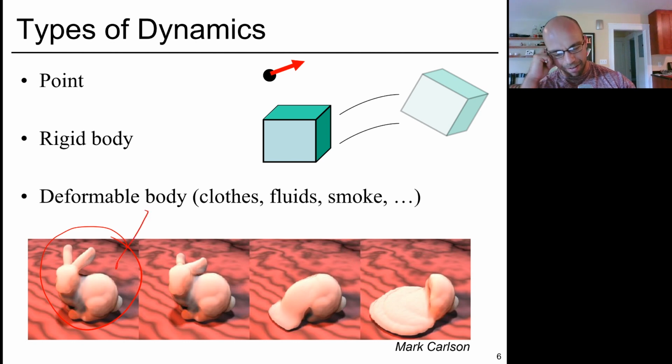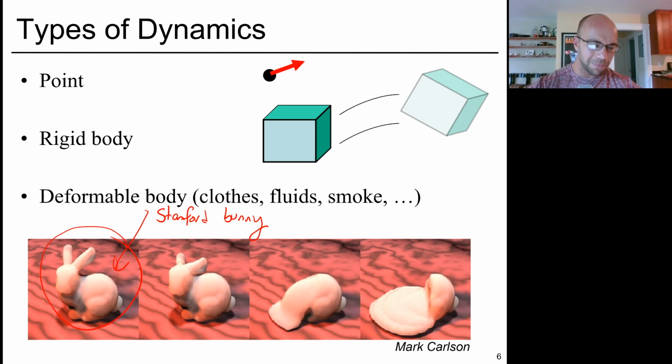Incidentally, this bunny is called the Stanford bunny. And the Stanford bunny is one of the typical test cases that we use a lot in the computer graphics world to test things like physically based animation. So if you Google around, you'll see some fun examples of the bunny lighting on fire, melting, maybe a whole bucket of bunnies getting shaken around and colliding and so on.